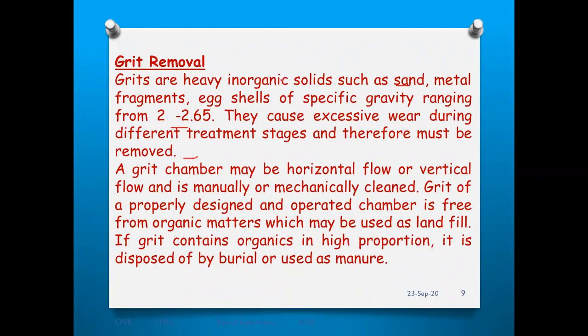When these inorganic solids settle continuously in the wastewater, what happens? This will physically damage the devices and also cause excessive wear and tear on the surface of the devices. That's why they should be removed.